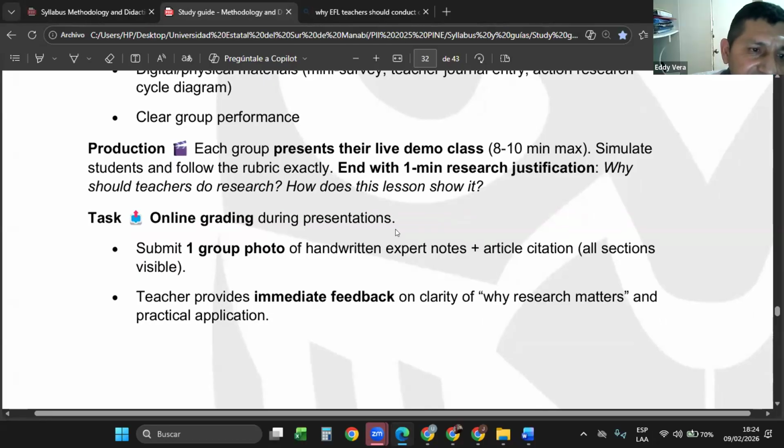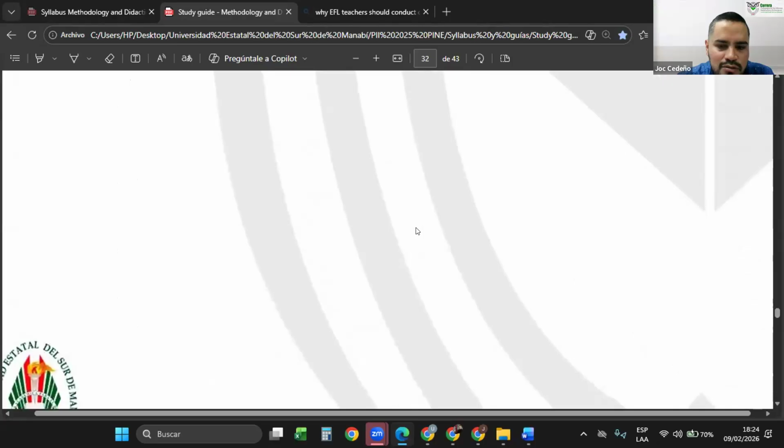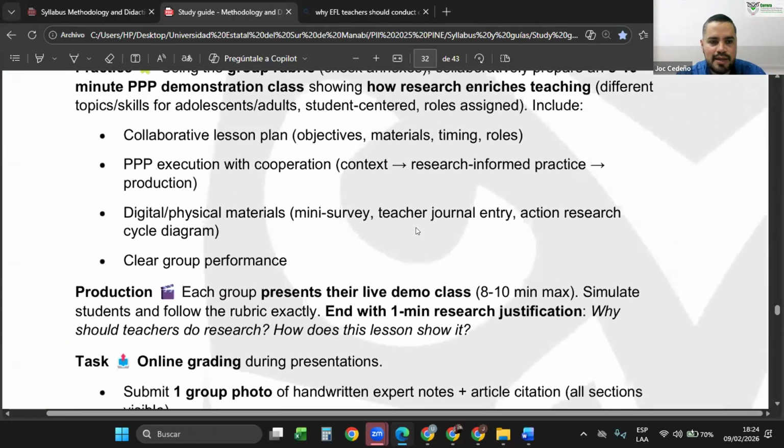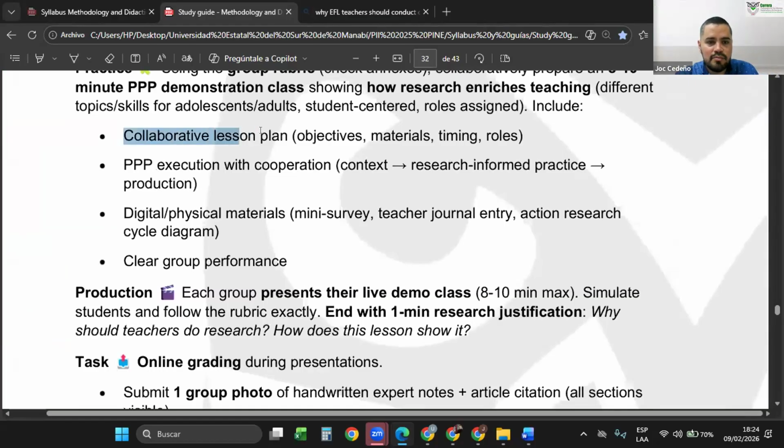And remember that you need to have a lesson plan, a collaborative lesson plan, the PPP execution with cooperation, digital or physical materials such as a survey, a teacher journal entry, action research cycle, and clear group performance.